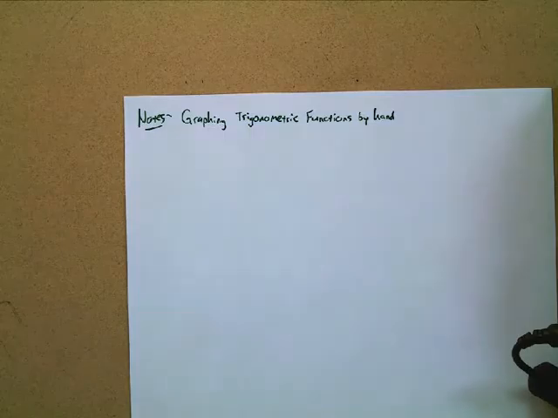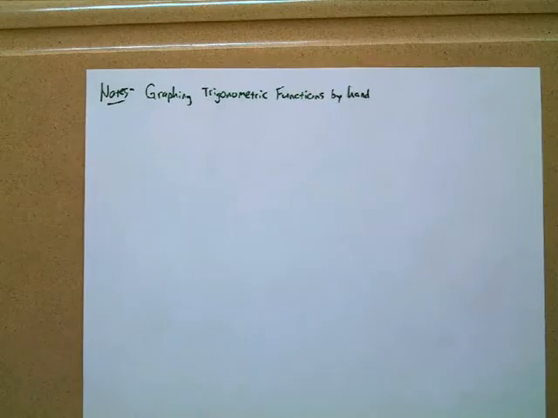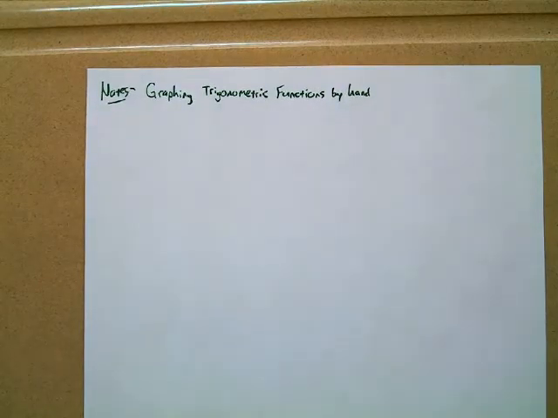Tangent we'll need to look at as a separate entity too. So really sine, cosine, and tangent. Once we know those, then we'll have a good understanding of what their reciprocal trig functions look like.